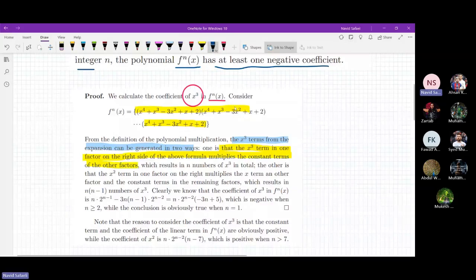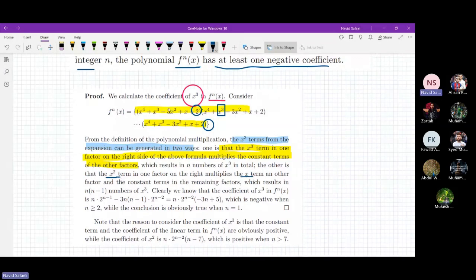In n ways we can choose that x cubed, and from the others we would have two. On the other hand, we can generate x cubed as the product of x^2 and x.